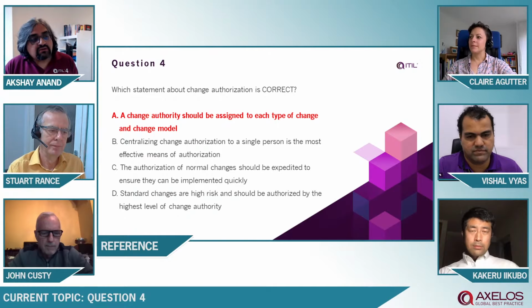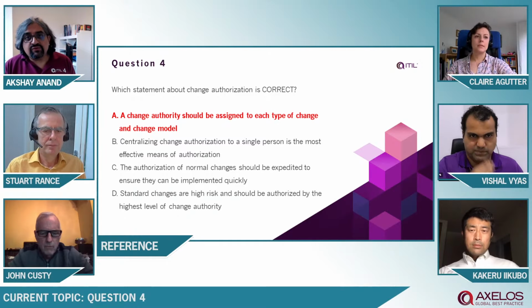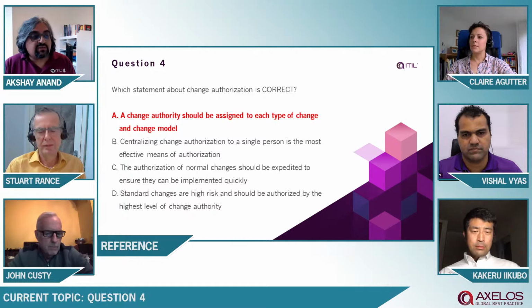I don't know if this is necessarily a tip for our listeners, but one thing that I found useful in answering ITIL questions is to ask myself whether an option would be correct in a particular context or whether it would be universally correct. And for me, that's how I would decide between A and C. Charlie, the authorization of normal changes should be expedited to ensure they can be implemented quickly.